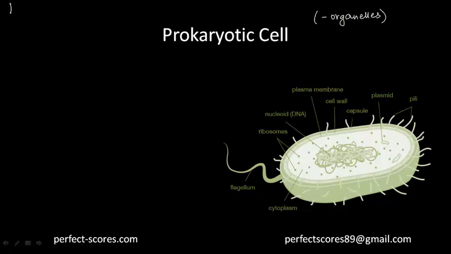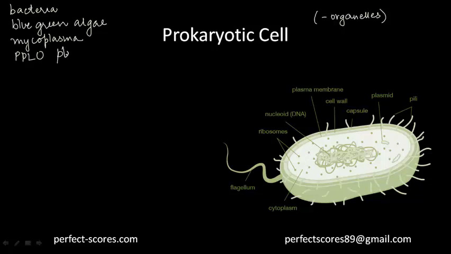They are found in bacteria, in blue-green algae, and they're also found in mycoplasma and organisms known as PPLO, that is pleuropneumonia-like organisms. So these are 4 examples of prokaryotic cells.